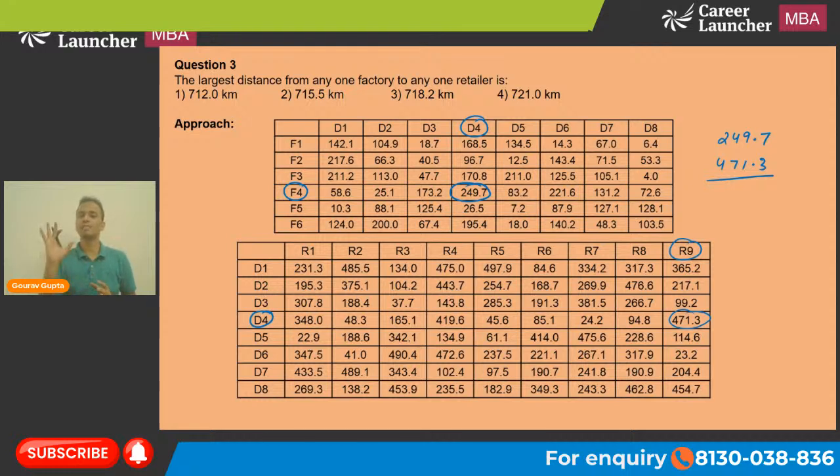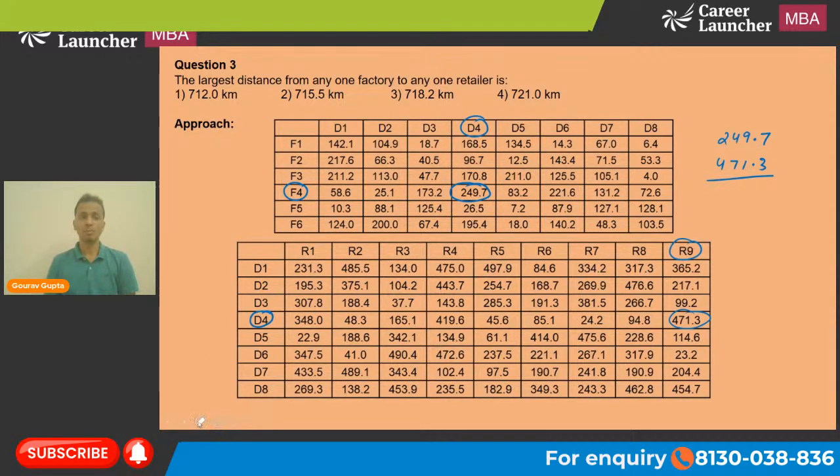Corresponding to D4, the maximum value was 471. But that doesn't mean we don't have a value more than 471 in the second table. We do have. I can clearly see that 497 is one of the values. I'm still searching for any other higher value. And corresponding to 497, it may be possible that I may get a higher sum.